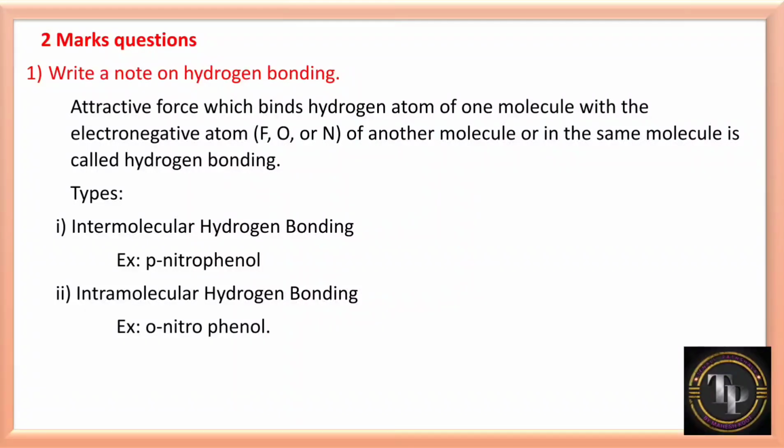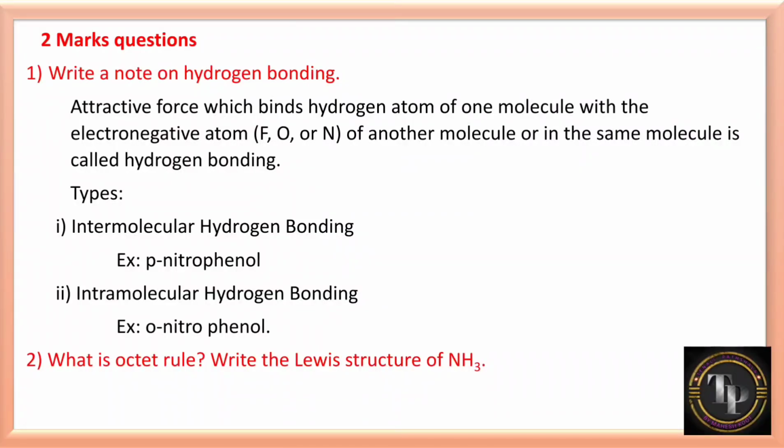And in para there is no possibility of intramolecular, because in para the distance is more from the OH group to the para position. Therefore, within the molecule is not possible. So in case of paranitrophenol, bonding between 2 molecules is possible. Therefore intermolecular hydrogen bond is found in paranitrophenol. Intramolecular hydrogen bond is found in orthonitrophenol.